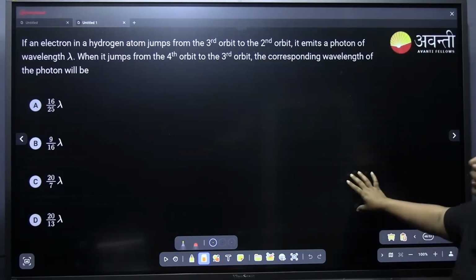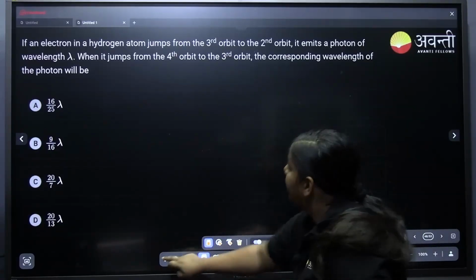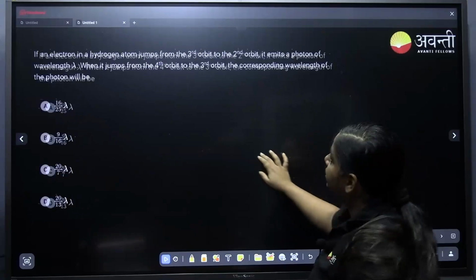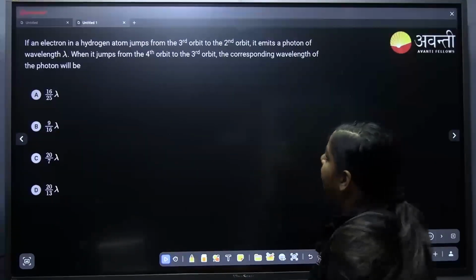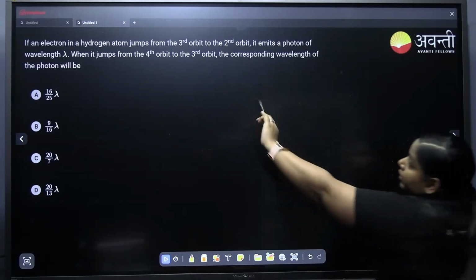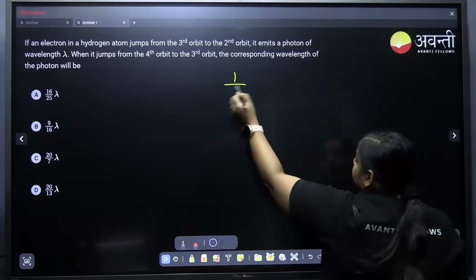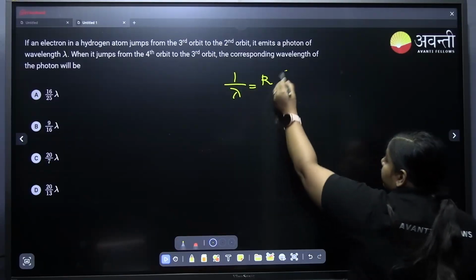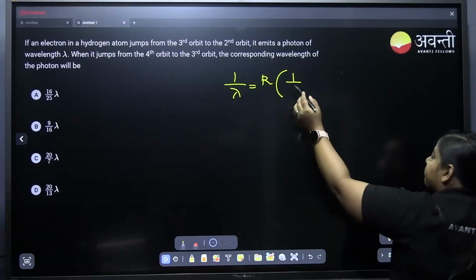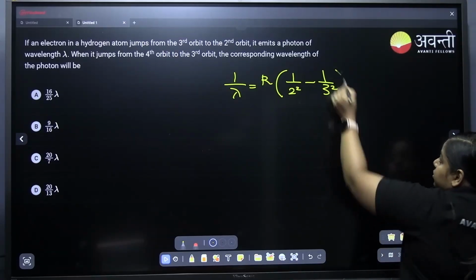If an electron in a hydrogen atom jumps from the third orbit to the second orbit, it emits a photon of wavelength lambda. When it jumps from the fourth orbit to the third orbit, the corresponding wavelength of photon will be? So from 3 to 2, when it is emitting, wavelength is lambda, which means 1 by lambda is equal to R into 1 by 2 square minus 1 by 3 square.